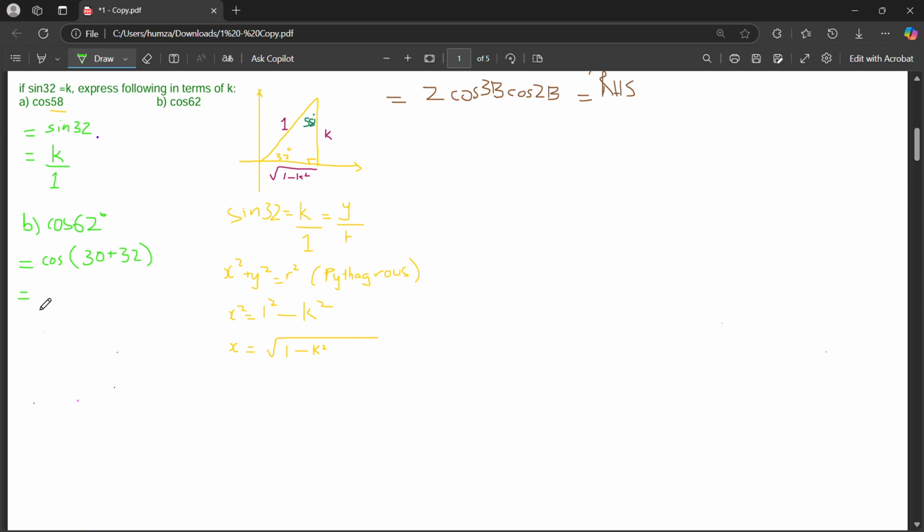So this will give you cos 30 cos 32 minus sin 30 sin 32, and this is the expanded form for cos of 30 plus 32. Now we are going to write the values of these.